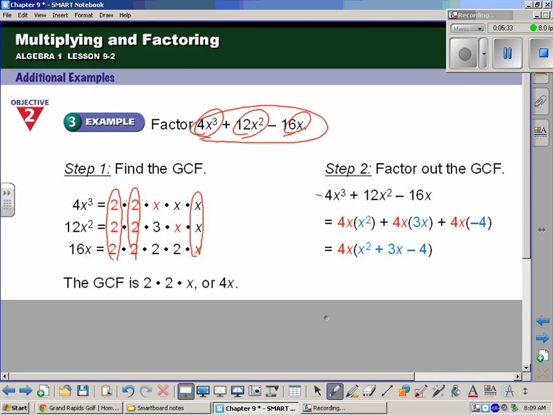So when we take 4x out of each one of these terms, we end up with this right here. This is showing what I just did. So you have 4x times x squared plus 4x times 3x plus 4x times negative 4, which gives us our final expression of 4x times x squared plus 3x minus 4.